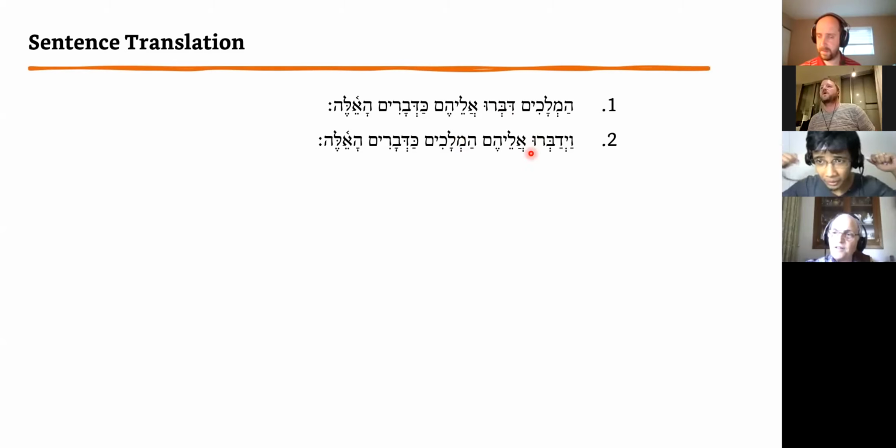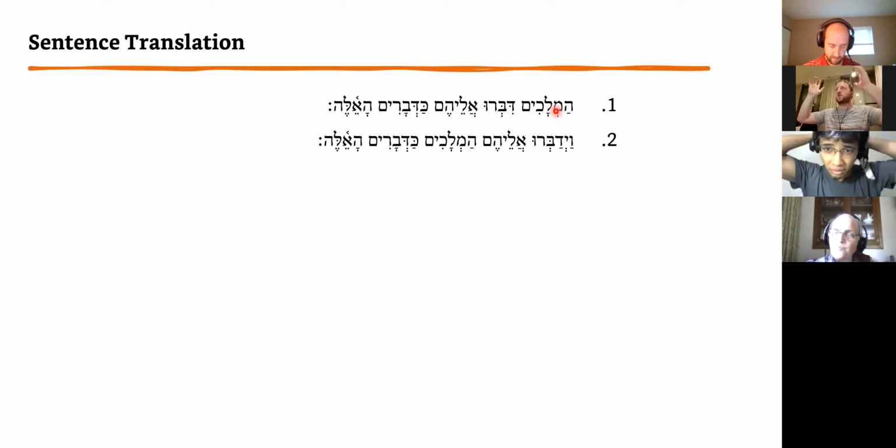Great. So these are exactly the same semantic meaning between these two sentences. If we're giving these pictures, we see the same thing. Hamelachim dibru alehem kadvarim ha'ele, vayidabru alehem hamelachim kadvarim ha'ele. It's the same picture, describing exactly the same thing.